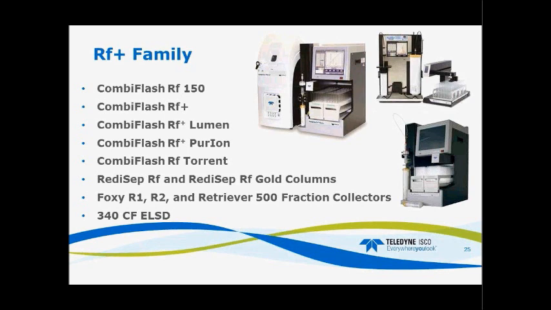It can be combined with UV-Vis as well as ELSD. So if you want the ultimate in detection, you can use UV-Vis, ELSD, and PurIon all simultaneously. Obviously, we have the RF Torrent for large-scale work, as well as RediSep and RediSep Gold columns, a line of fraction collectors, and the last product is our standalone ELSD detector.